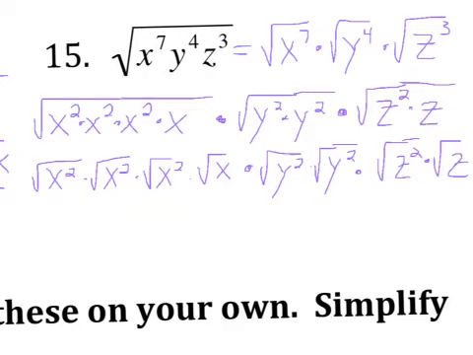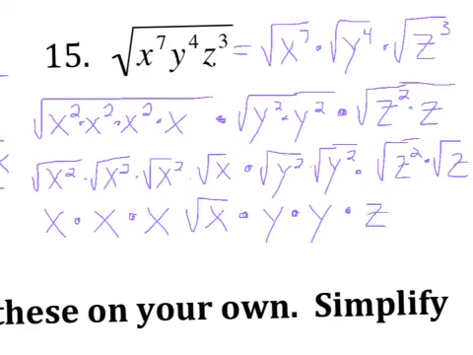Okay, so the square root of x squared is x times x times x. This does not get it to leave the square root, so we'll just leave them in there. And then y times y times z, times the square root of z.